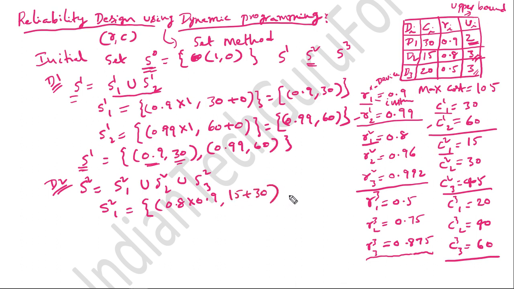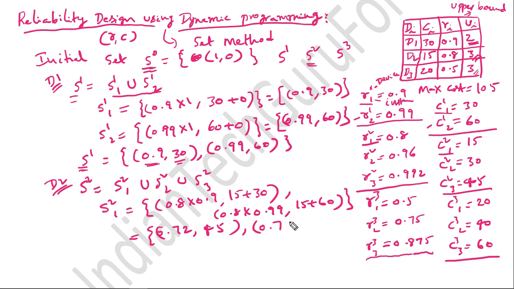So repeat the same for all the ordered pairs. Comma 0.8 into 0.99 comma 15 plus 60. That is equal to 0.8 into 0.9, 0.72 comma 15 plus 30, 45. This is one ordered pair, comma 0.8 into 0.99, 0.792 comma 15 plus 60, 75. So this is S power 2 suffix 1.